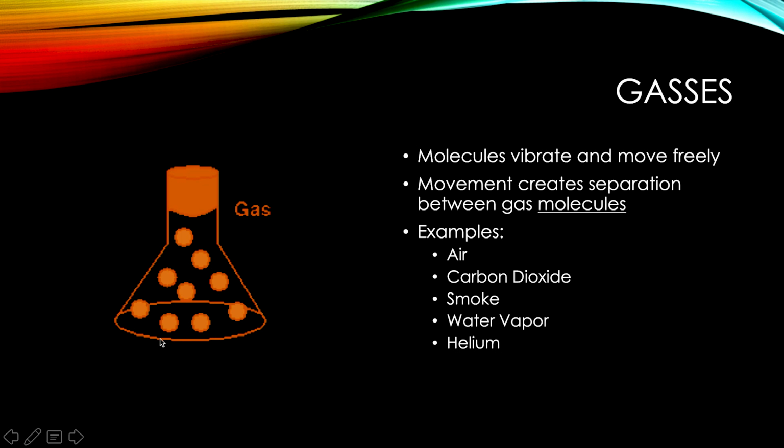As you see in this diagram, they're floating away from each other, they're moving fast, and they take the shape of the container they're in, but in a more 3D way. Like if you had gas trapped in a bottle, it would fill up the bottle. And just like on Earth, gas fills up our atmosphere.